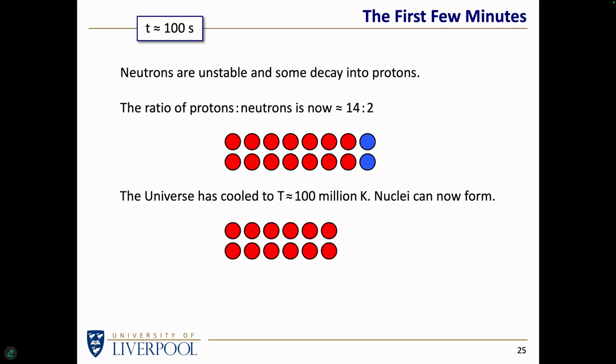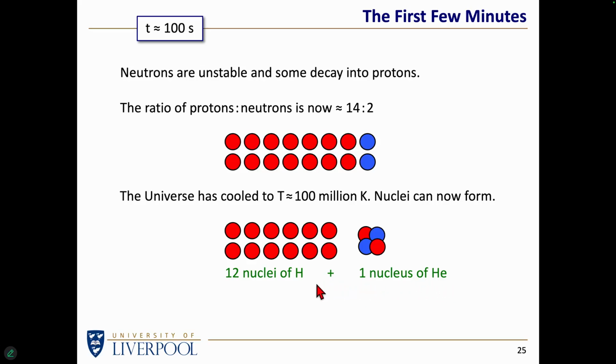But of course, there's only 2 blues for every 14 reds. So what that means is 12 reds have to stay bachelors, while 2 of the reds pair up with 2 of the blues. 2 protons pair up with 2 neutrons to make a so-called alpha particle, this particle on the right-hand side, which is also the nucleus of a helium atom.